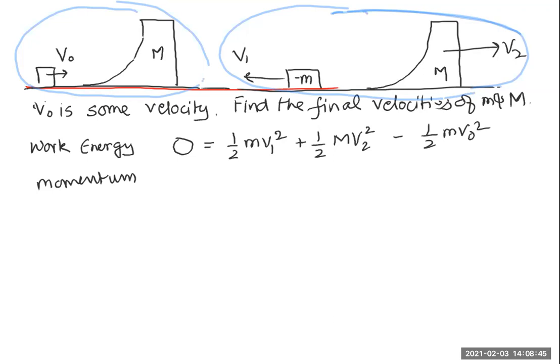सो मोमेंटम में वी गेट: plus mv0 initial momentum is equal to final momentum, minus mv1 plus Mv2. ठीक है, let me rewrite the upper equation. mv0 square is equal to mv1 square plus capital Mv2 square.